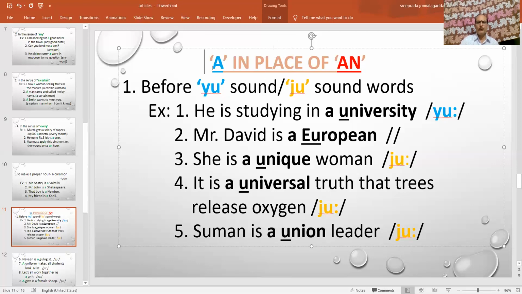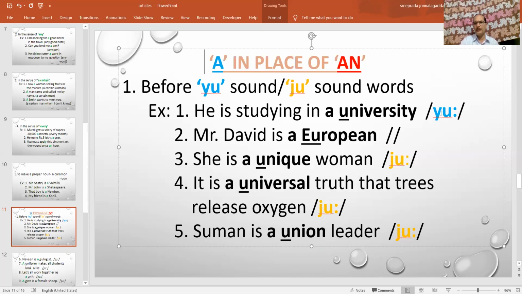So where should we use a in place of an? Before you sound words. What are they? He is studying in a university. It's not 'university' with a vowel sound, it is 'yoo-niversity'.